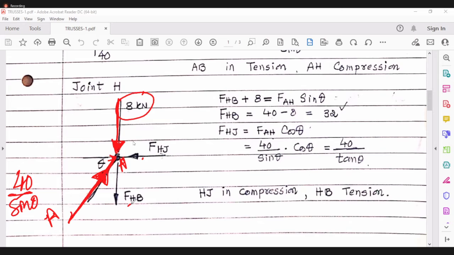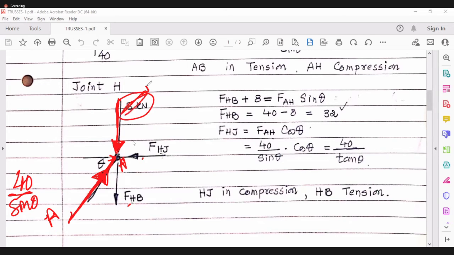The reason is very simple. The sum of all the forces is 0. So the sum of the y components of all these forces is 0, and the sum of all the x components of these forces also is 0. Now let us first consider the x component.